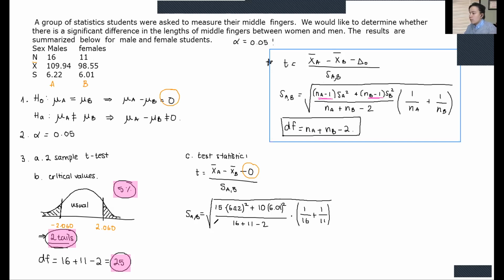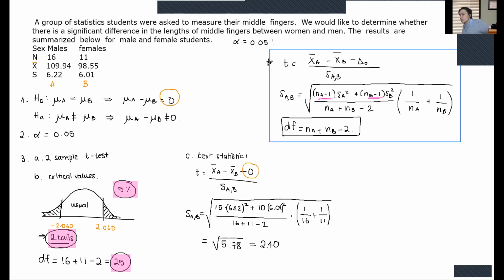So after plugging all of this in, again, I suggest that you try to do this on your own and make sure that this is right. But I already did the calculation for you. This gives square root of 5.78 which gives approximately 2.40.